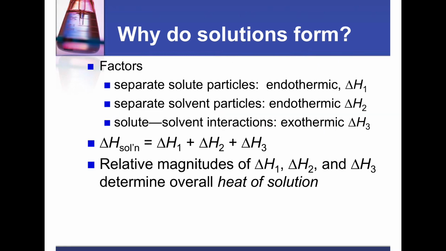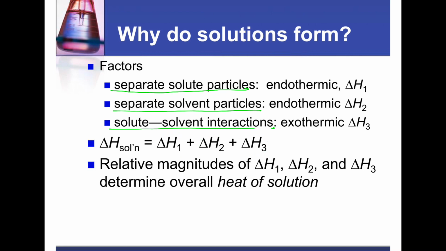Now to make a solution, okay, we have to do all these things. We have to separate the solute particles from each other. We have to separate the solvent particles from each other. And then we have to get the solute and solvent to be attracted to each other. So all these things are what take up kind of the process of making a solution.